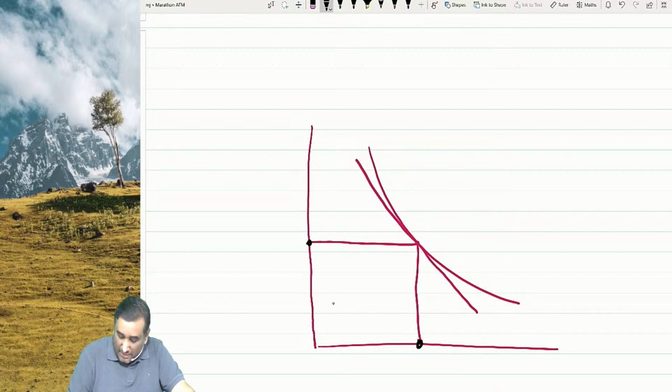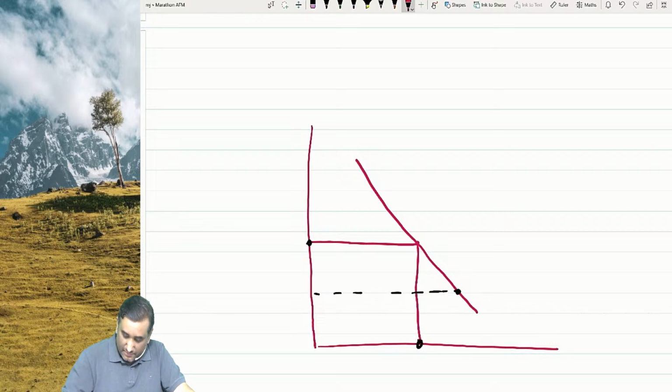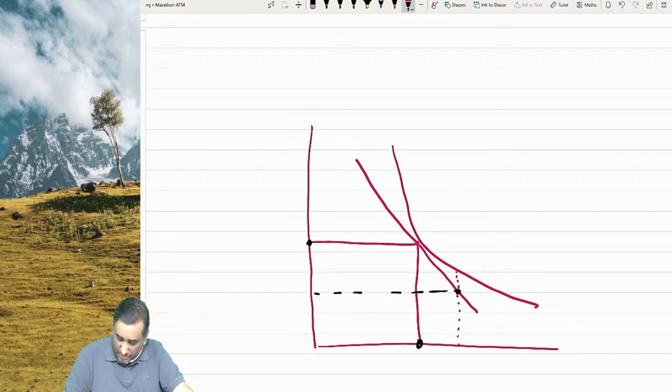For example, let's suppose the yield rate changes and I try to draw an answer: the tangent will give me the answer here, the curve will give me the answer here. Maybe if this is my curve and this was my yield rate, there could be a possibility I might have the answer this way.